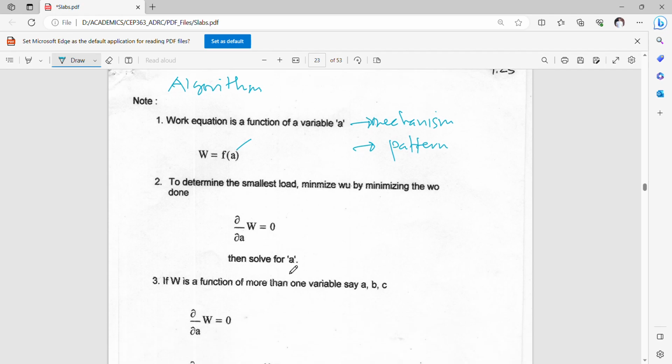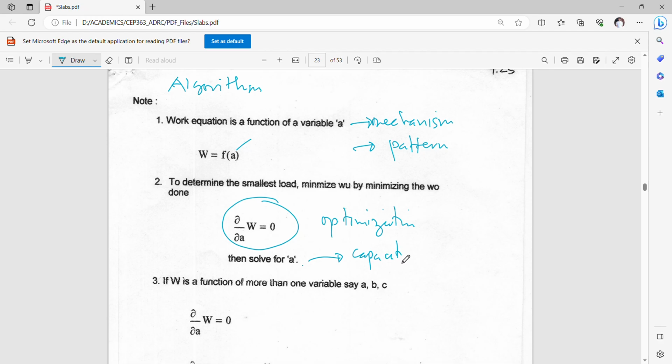So if your mechanism and your pattern is a single variable pattern, then we can simply make use of an optimization technique again that I told you a while ago, that is, the partial derivative of the work equation with respect to the variable of concern is equivalent to zero. So just like what we did in our first lectures. Then we solve for a, and upon solving for a, we can now get the value of your capacity.